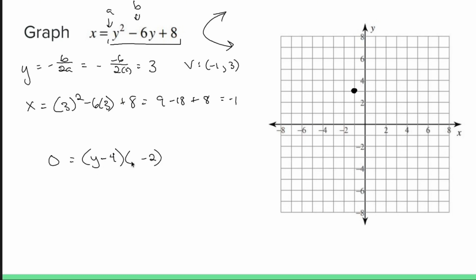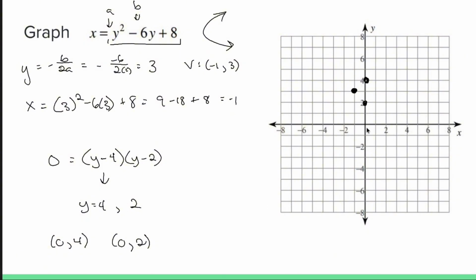So y minus 4, y minus 2. According to the zero product property, the two numbers that make each parentheses equal to 0 are 4 and 2 in no particular order. This means I have 2 more points. When y was 4, x was 0, and when y was 2, x was also 0. So here are the points 0, 2 and 0, 4.